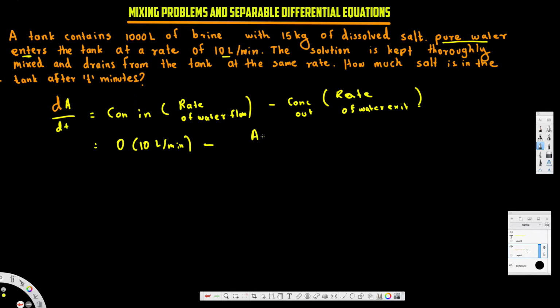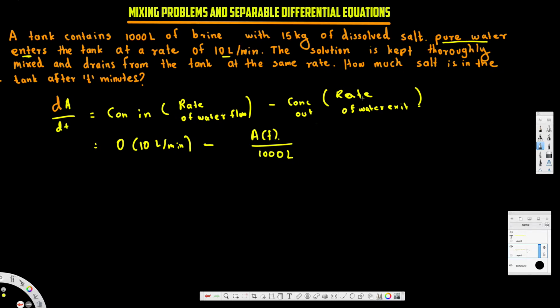If we divide the amount of salt by the 1000 liters of water, that's going to be the concentration out.